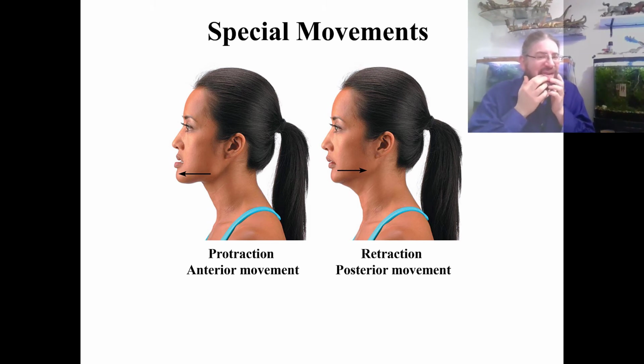So if you are trying to imitate an orc with your big canines, you are get the hobbits. And then if you want to pull your jaw backwards, that is retraction.